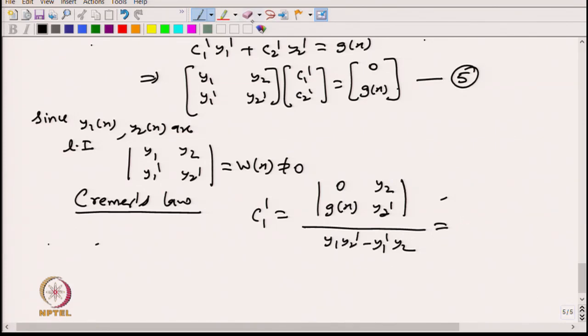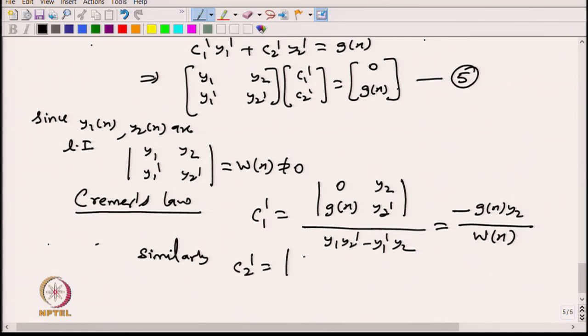So if I take the determinant, it will be 0 minus g(x) y2, divided by the Wronskian, which is a function of x. From here I get c1'. Similarly, I can find c2' with the help of Cramer's law.